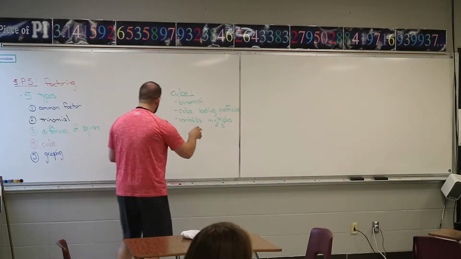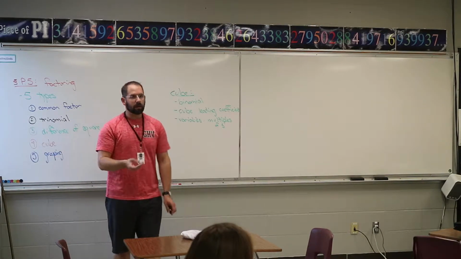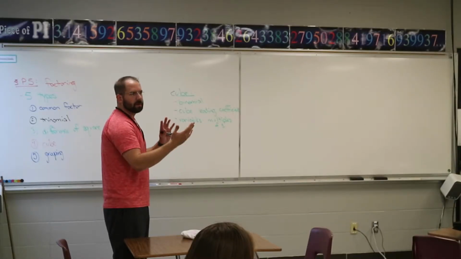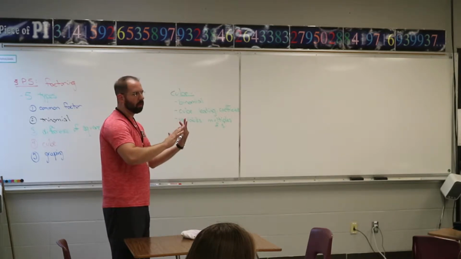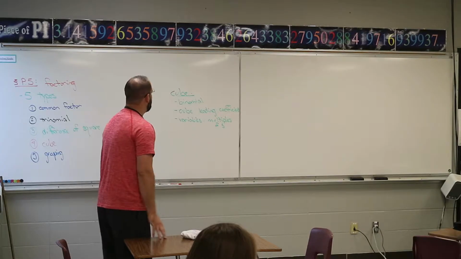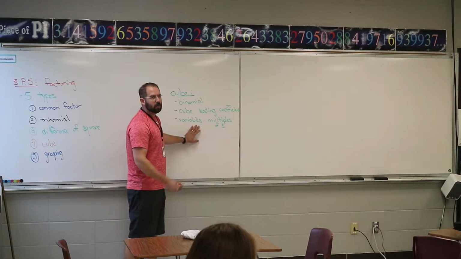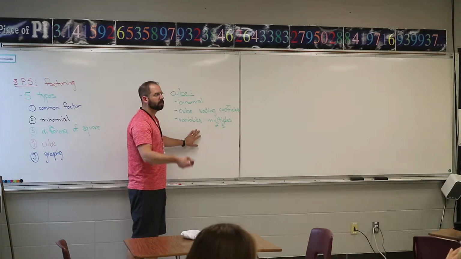I'm going to do one cube rule right away to get you back in the flow of things, and then we're going to do a difference of squares. And I want to compare, because there's one problem that could be either a cube rule or a difference of squares, because of the numbers involved. If you have multiples of 3 for variables, one of the multiples can be even, like a power of 6 or a power of 12.